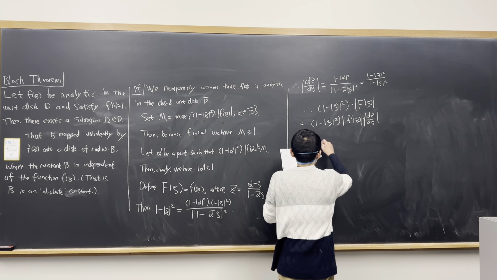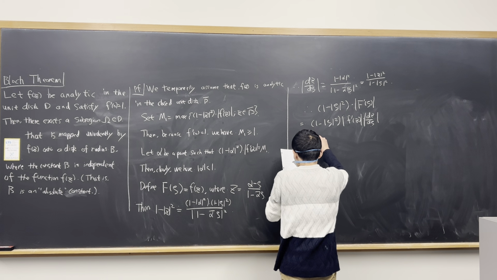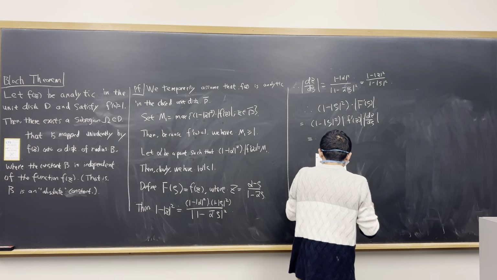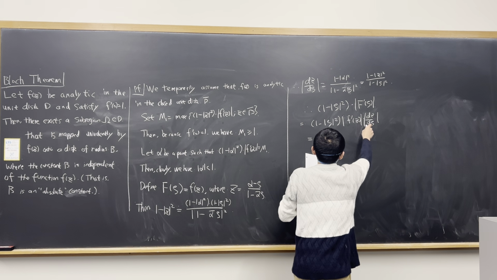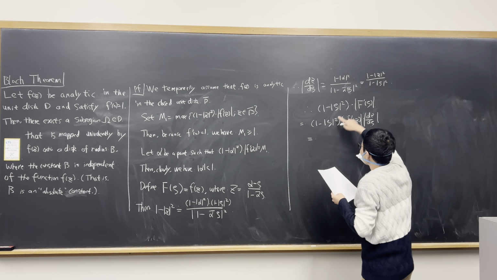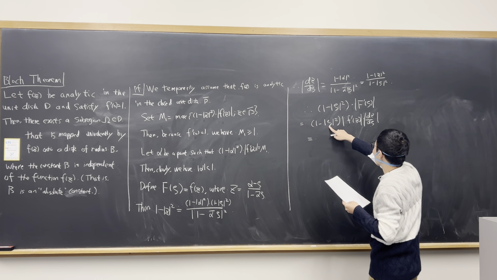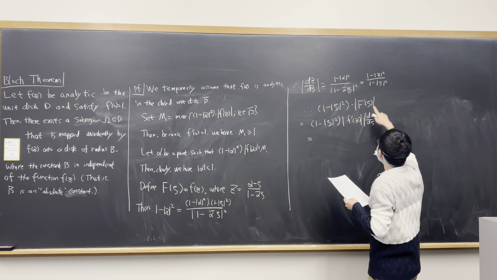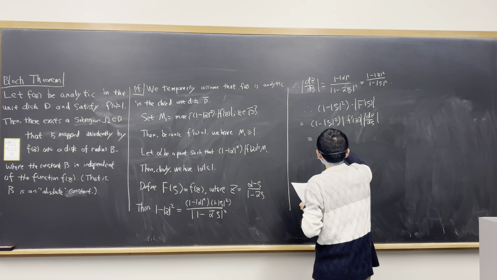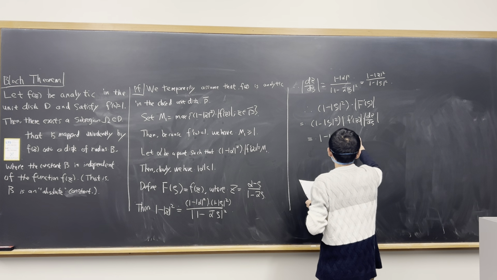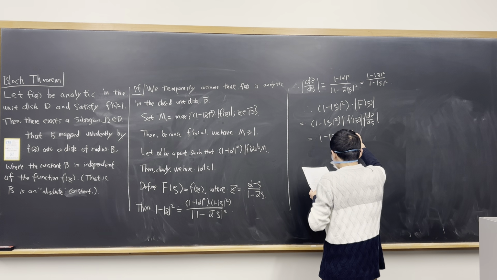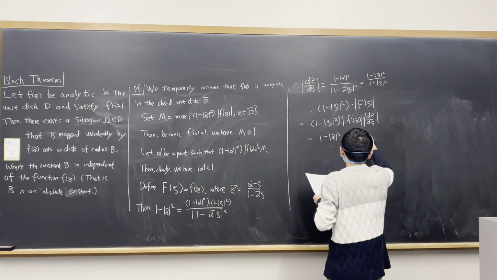And then, remember that this guy is just this guy, and then we have 1 minus modulus of zeta squared multiplied at front. So therefore we get 1 minus modulus of z squared times modulus of f prime z.